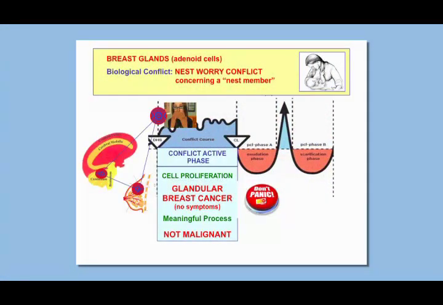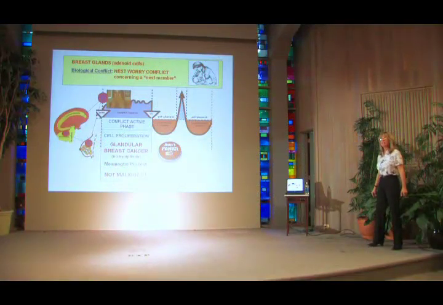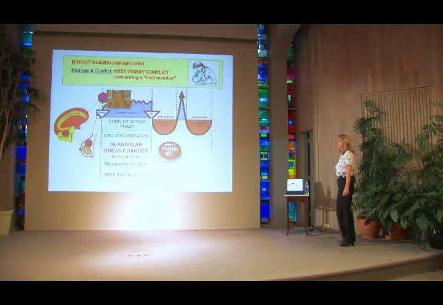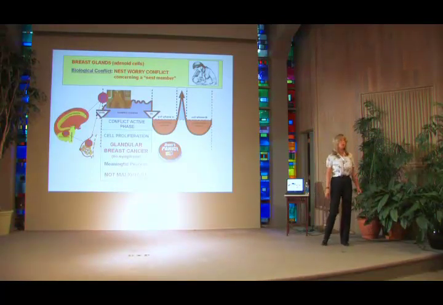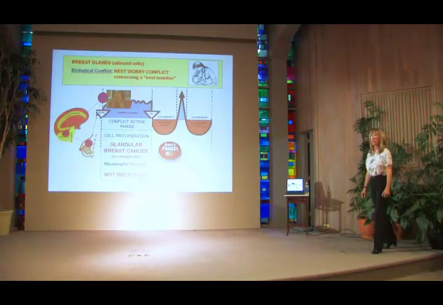The moment this worry conflict occurs, the conflict impacts the area of the brain, specifically the area of the cerebellum that controls the breast glands. And at this moment, the breast glands immediately start to proliferate, forming a breast gland tumor or a breast cancer in the glands.